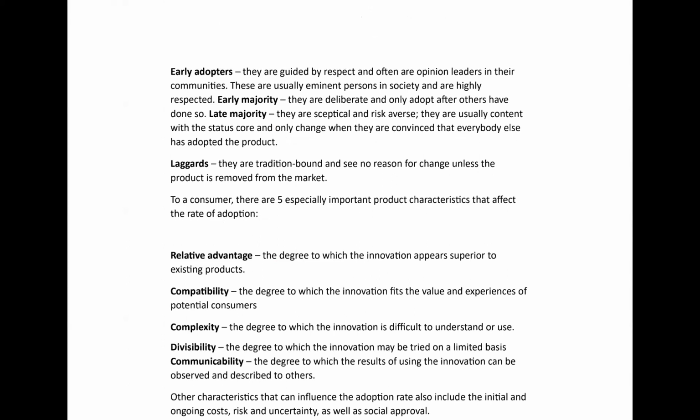Then we have the early adopters. These are guided by respect and often opinions. They are opinion leaders in their communities, the early adopters. The early majority are deliberate and only adopt after others have adopted. And then the late majority, they are skeptical.